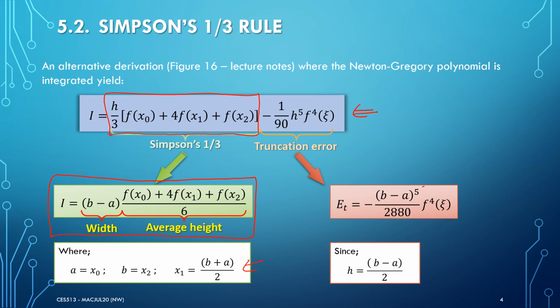And the other part of the integration equation is actually the truncation error of Simpson's one-third rule. That is denoted by Et equal to negative (b minus a) to the power of 5 divided by 2880 multiplied by the fourth derivative of f(xi), since h is substituted with (b minus a) divided by 2.